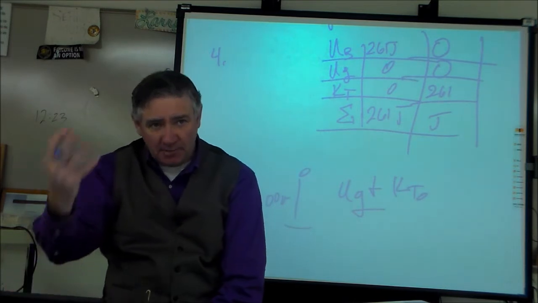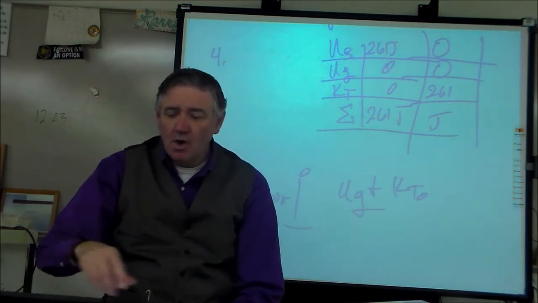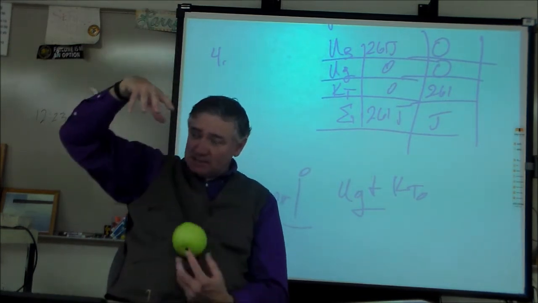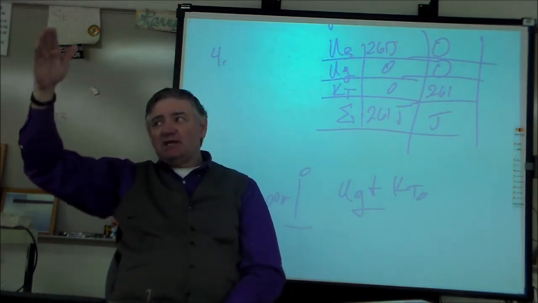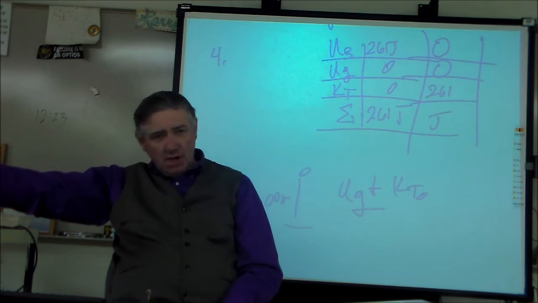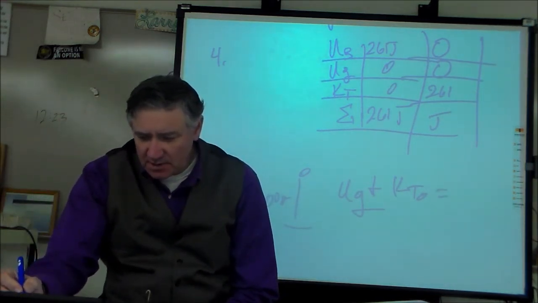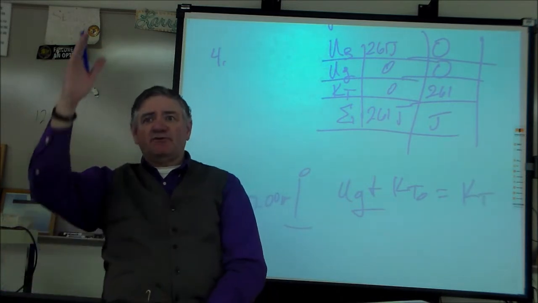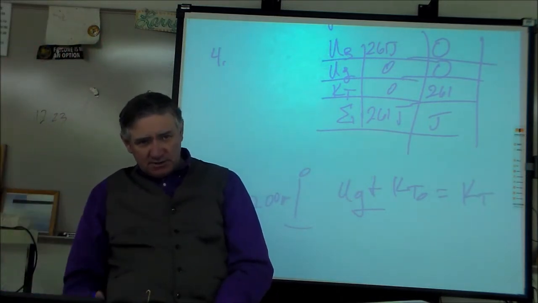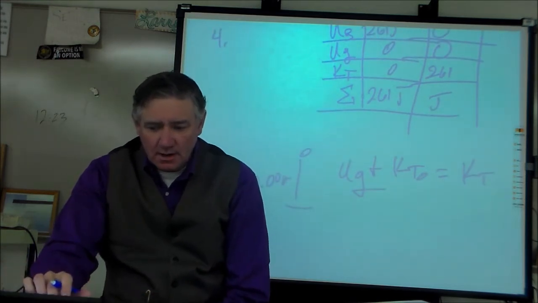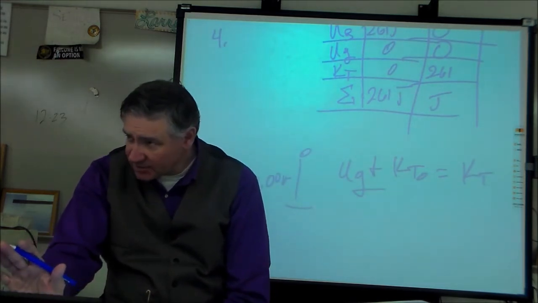Call that KE naught, my initial kinetic energy. Now, when it lands, does it have any UG? No, because it doesn't have any height. So these two values have to add up to the final kinetic energy, okay? So now, here's the contrast.